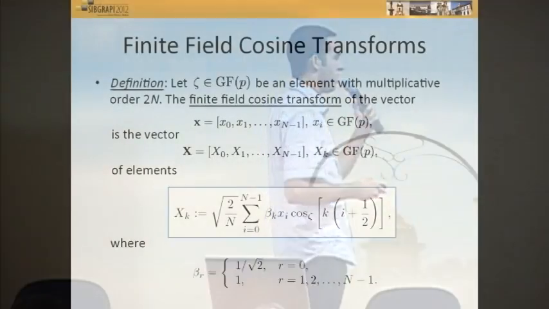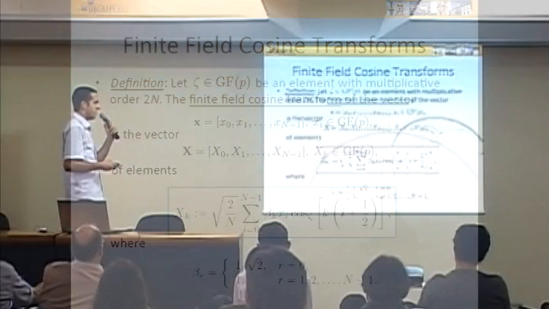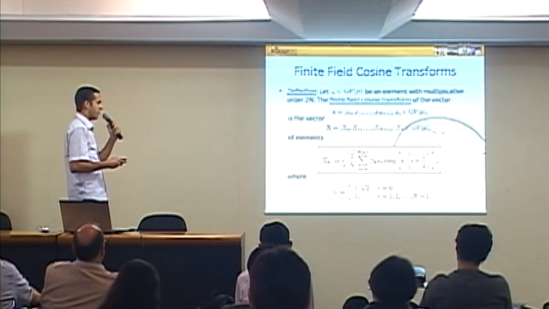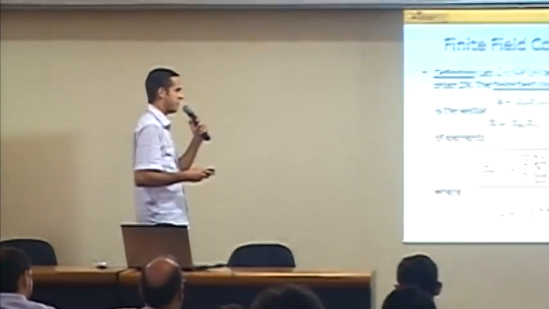Here we have the definition of the finite field cosine transform used in this paper. The finite field cosine transform of a vector x, bold x, with elements in the finite field GF(p) is the vector capital bold X, where the elements are given by this expression here. We see that this expression is very similar to the expression for the DCT, but the difference is that here we use the finite field cosine function instead of the ordinary cosine function.